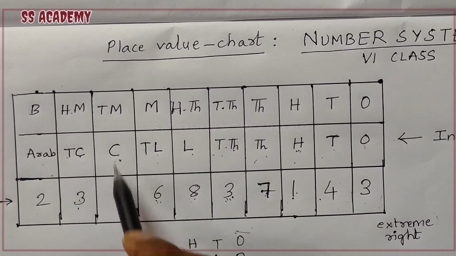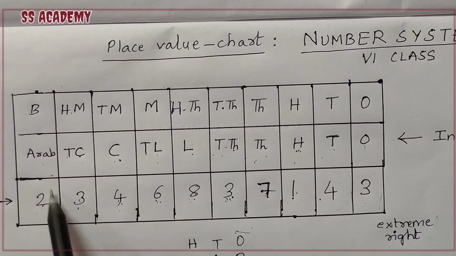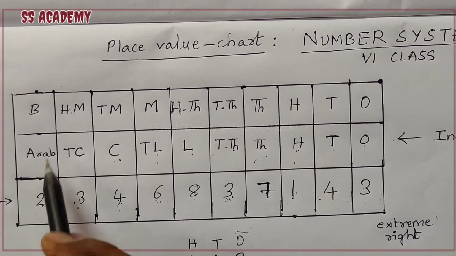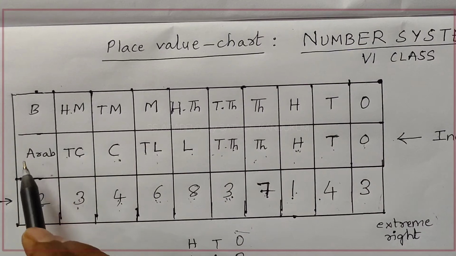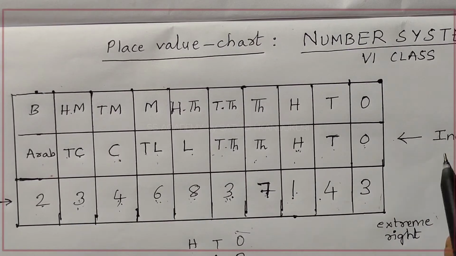After completion of crores, there is another number, 2. This 2 is in Arabs place. So this is the place value chart of the Indian number system.